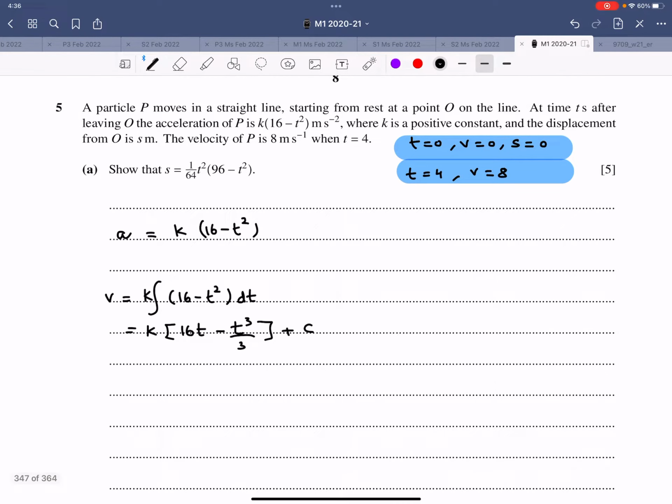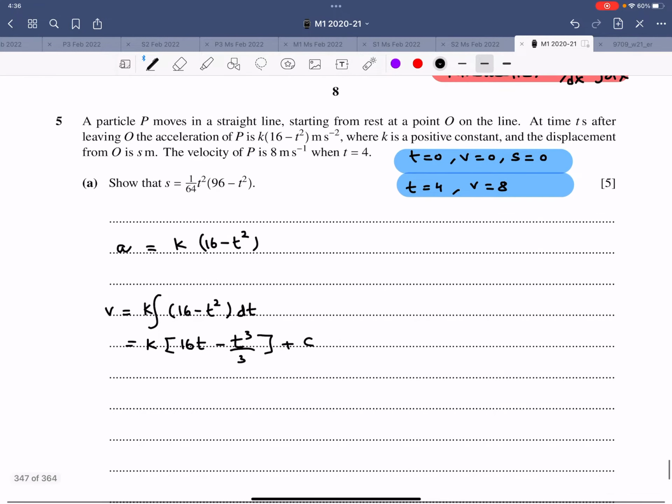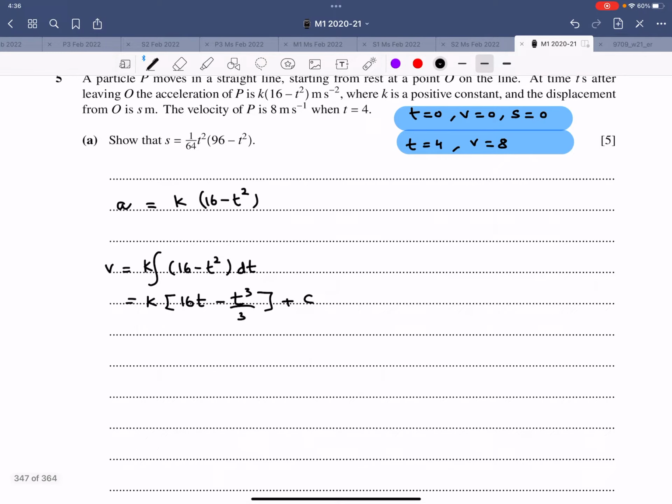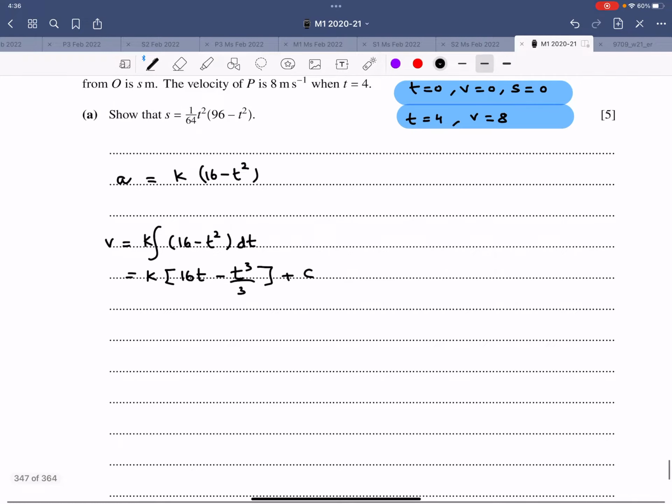So now when we have this equation, what should we do? We need to evaluate c. What we do is, when t is 4, v is 8. So v is 8, k as it is, t is 4, that is 16 into 4 minus 4 cube over 3 plus c.